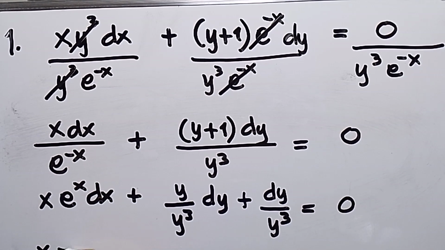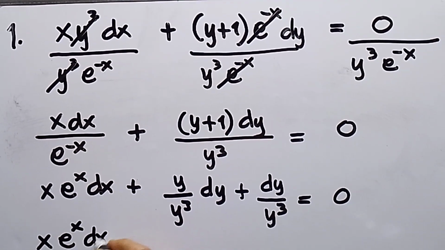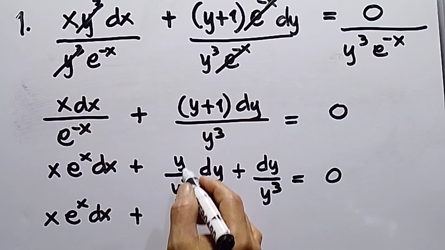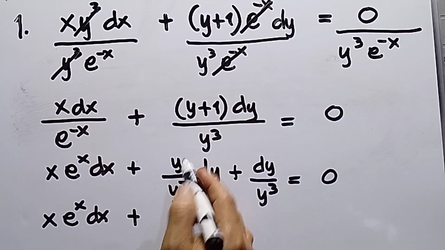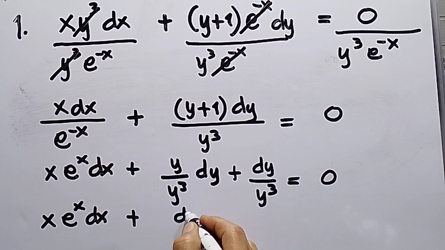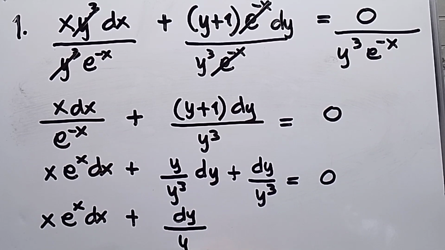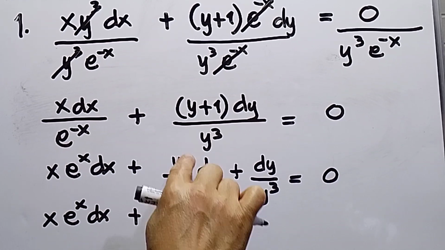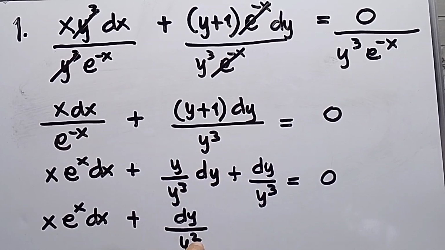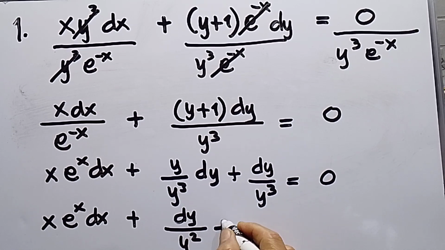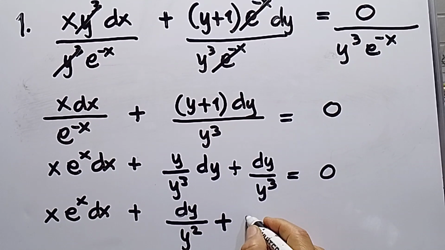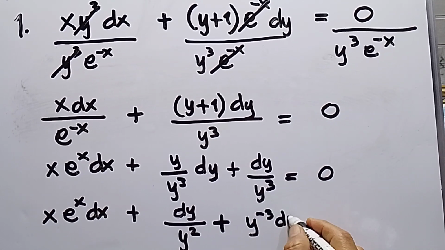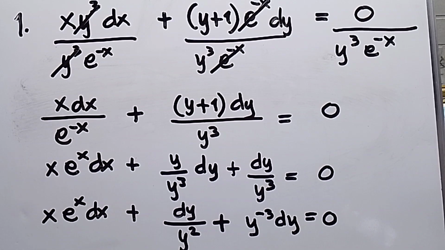So this will be x e to the x dx. By the laws of exponent, when n is greater than m, this will be dy over y squared, because you have to subtract 3 minus 1, that is y squared. Then plus y to the negative 3 dy is equal to 0.